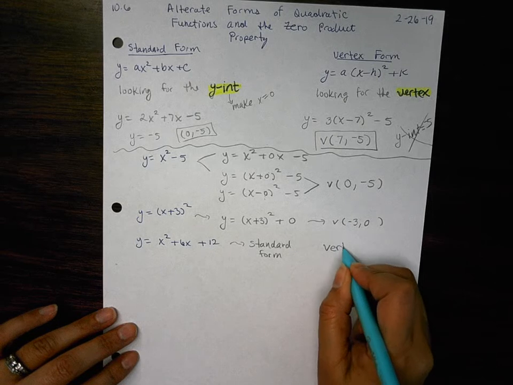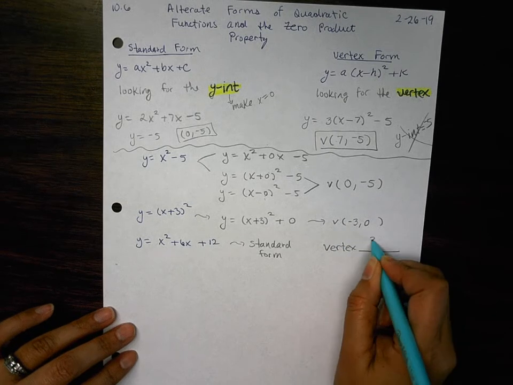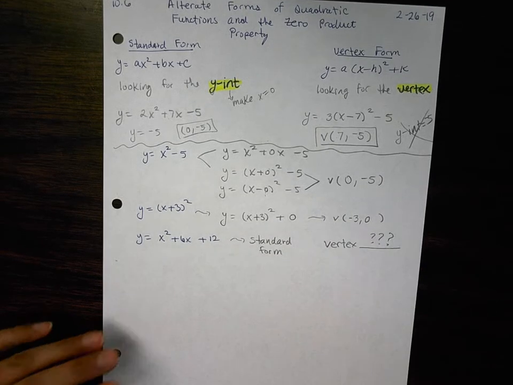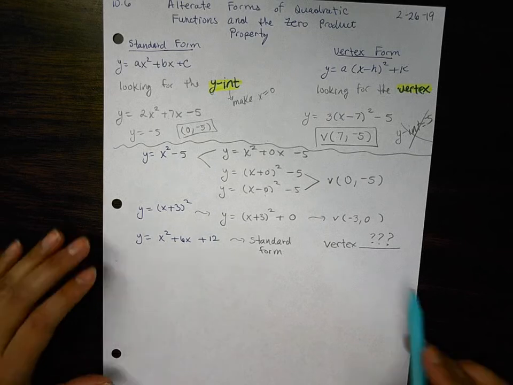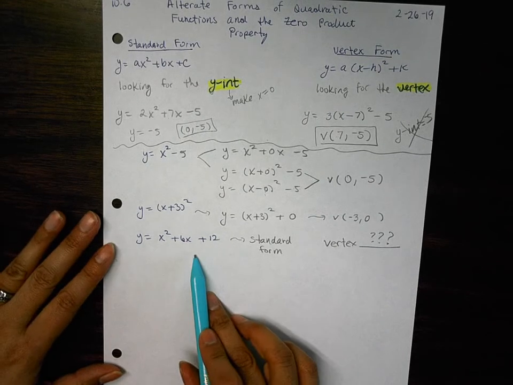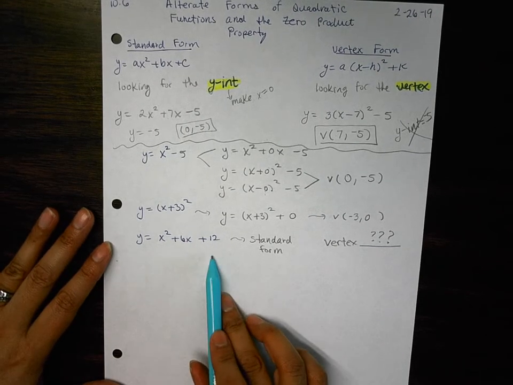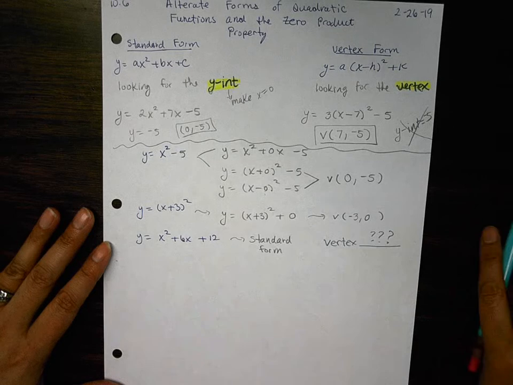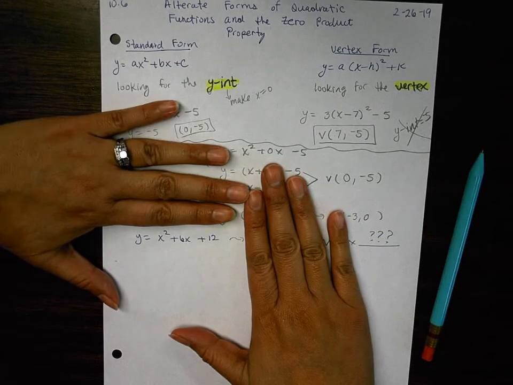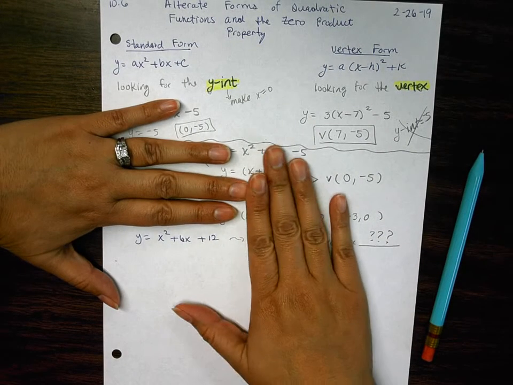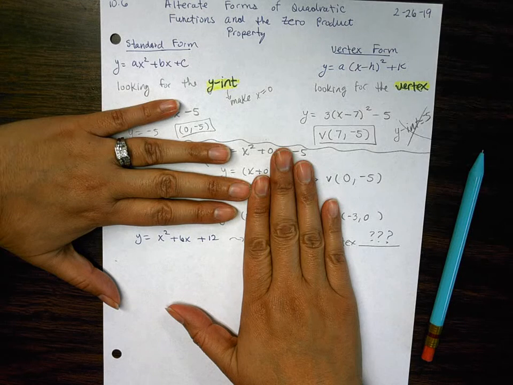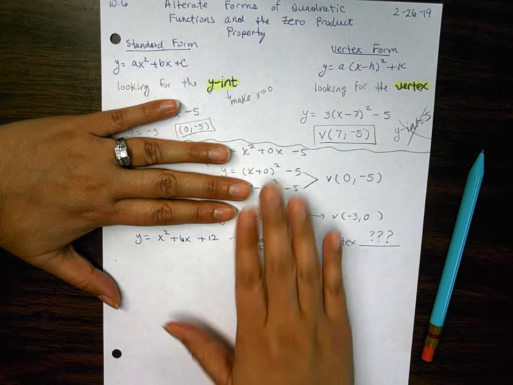No. I cannot. Right now, we do not have the tools to look at this and say, oh, the vertex is the opposite and the same. No, it doesn't work that way. The best I can do is know the y-intercept. What's the y-intercept for this one? Plug in 0 for x is 12. 0, 12. That's the best I can do.